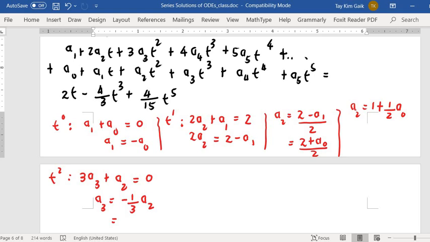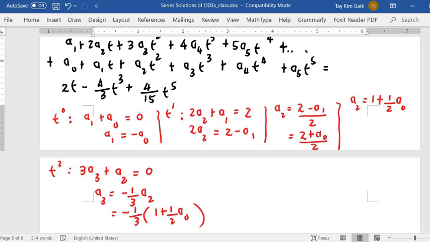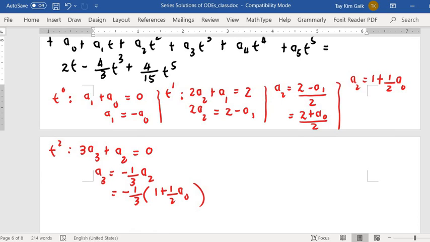And then A2 here, replace the A2. We have negative 1/3, A2 is actually 1 plus half A0. Then we got your A3 is negative 1/3 minus A0 divided by 6.